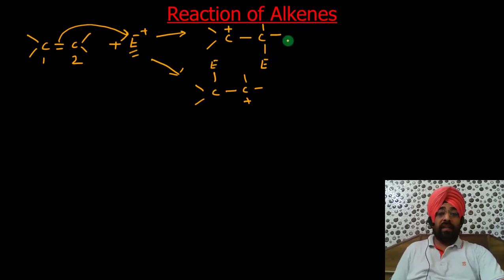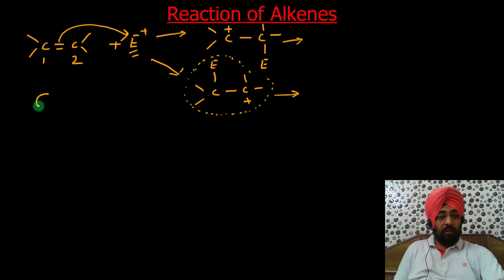Now whether this intermediate will be formed or that intermediate will be formed depends upon the stability of the resultant intermediate. These intermediates carry a positive charge, so we call them carbocations.